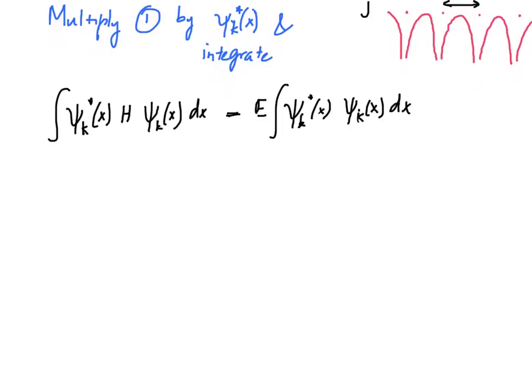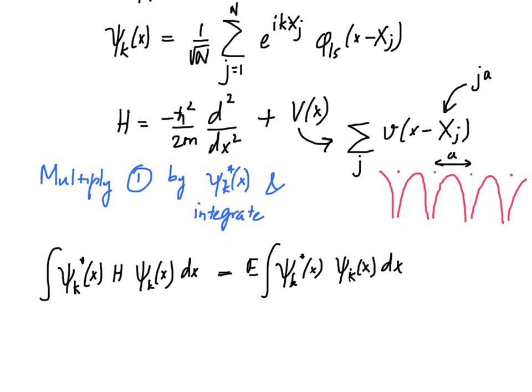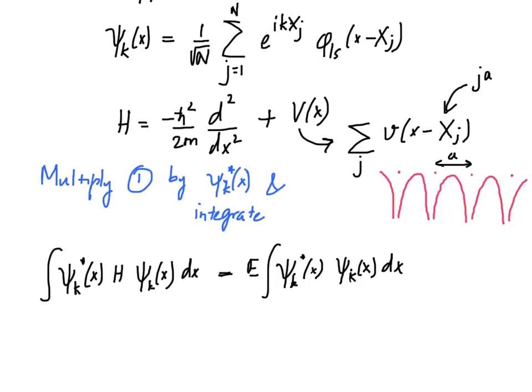So let us stick in our expression for psi k of x, which let us recall is the equation at the very top of the screen. We are going to stick in this quantity over here, and that's just the complex conjugate of that. Then we're going to multiply the two. We're going to have two summations to deal with, and then we're going to perform the integration.